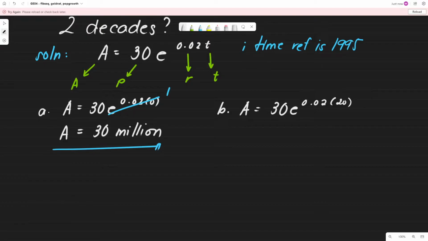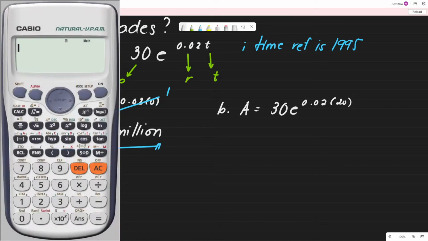Of course we cannot compute this manually because we have Euler's constant, so let's use our calculator. Let's type 30. To get the e raised to, since there are two e's here, the constant itself and the e with an exponent, we press shift, then ln.